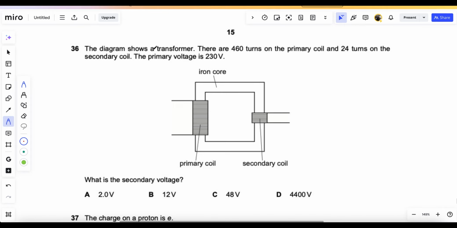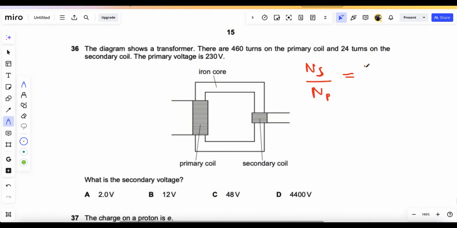Now, the diagram shows a transformer. You can start with NS over NP. If you put S on top, you make it throughout, over NP is equal to VS over VP, because you started with S, the secondary side.